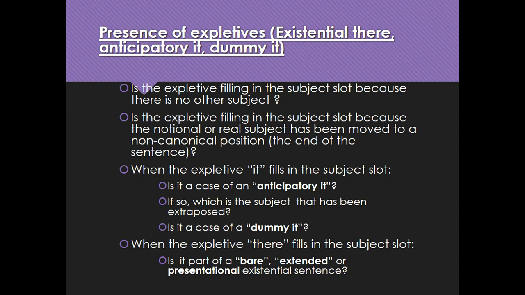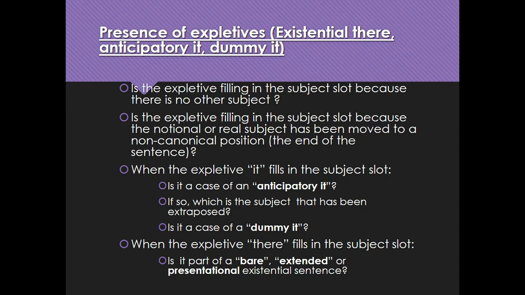But in the cases where you find an anticipatory it, the anticipatory it is a subject, yes, but there is a real subject that has been moved to another position in the sentence, okay? So, if you find an instance of an anticipatory it, you should be able to identify which the subject that has been extraposed is, okay?